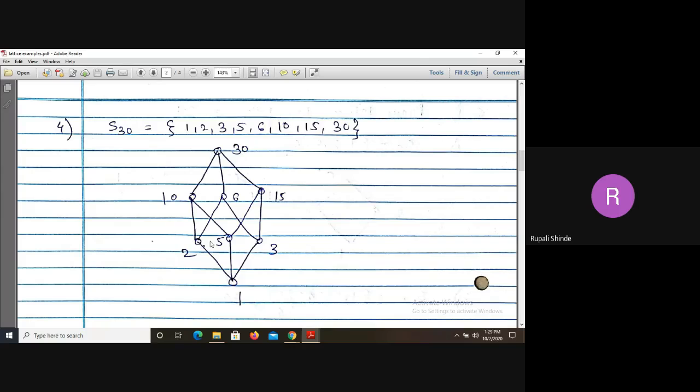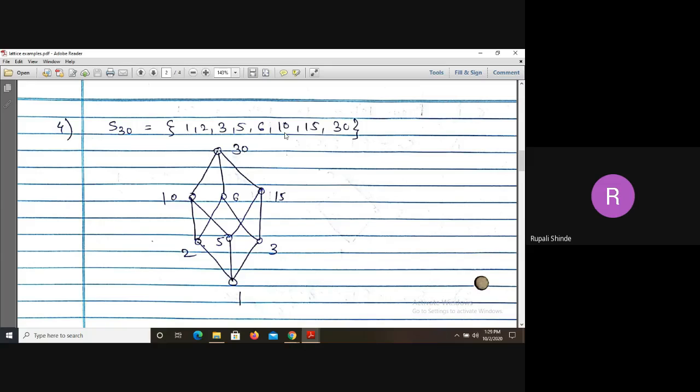That's why we have placed all these three elements in this fashion. Now the next one is 6, but for 6 there are two divisors, 2 and 3. That's why 2 and 6 are connected by a direct line and 3 and 6 are connected by a direct line.